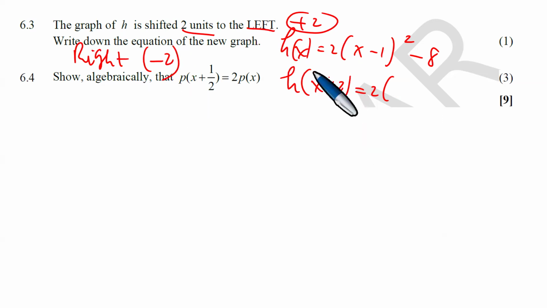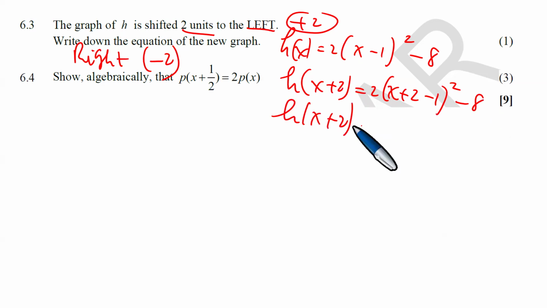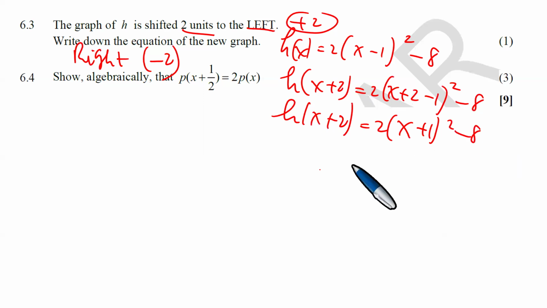Here it's to the left 2, so you add 2 to x, and then you have the minus 1, squared, minus 8. That's h of x plus 2, like this. 2 units left, and this is the graph.